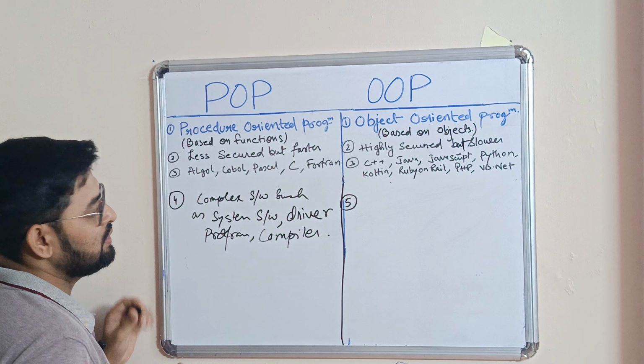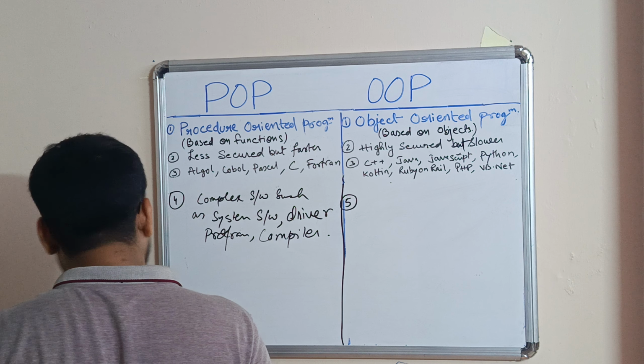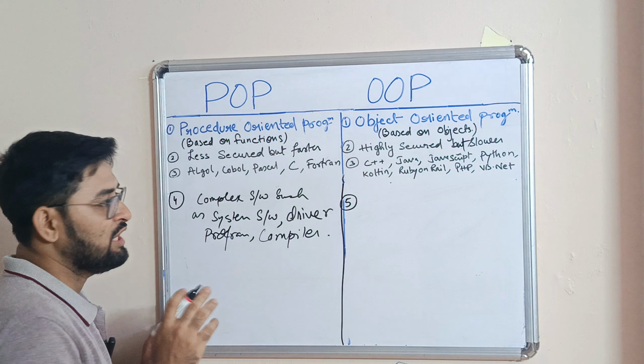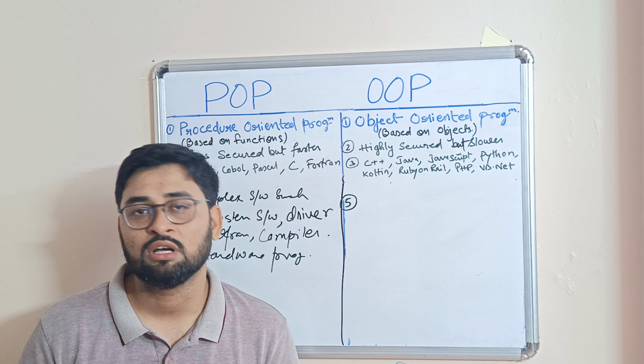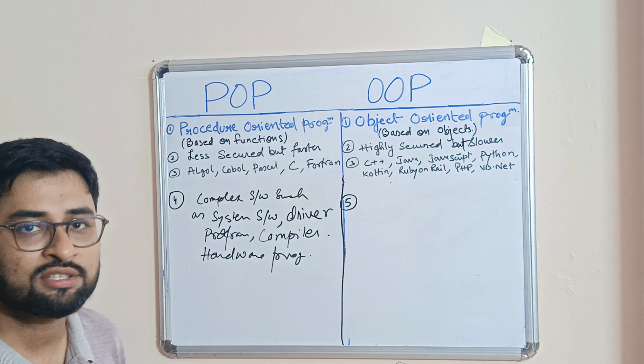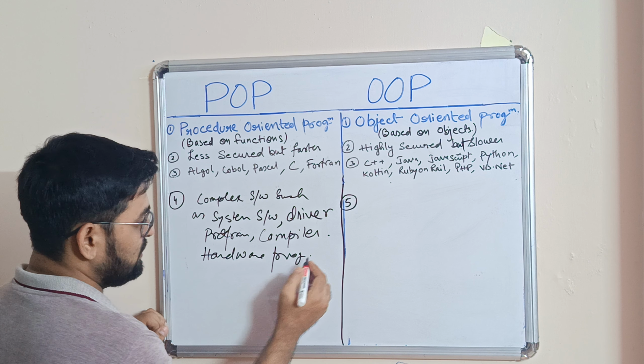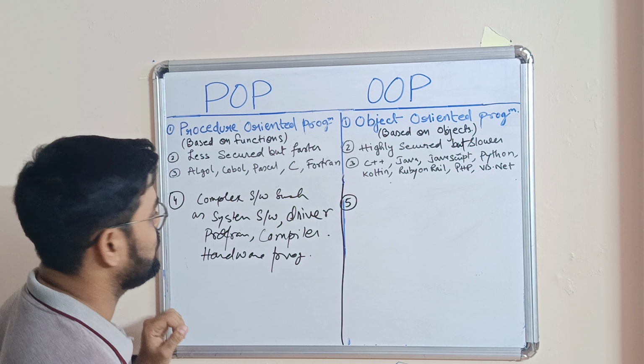So these are the implementations we can have in C. With the help of the C programming language, with the help of the POP approach, you can develop complex software. Hardware programs, for processor, for memory management, for motherboard, for various kinds of such systems, you can develop the software or programs using C or the POP approach.